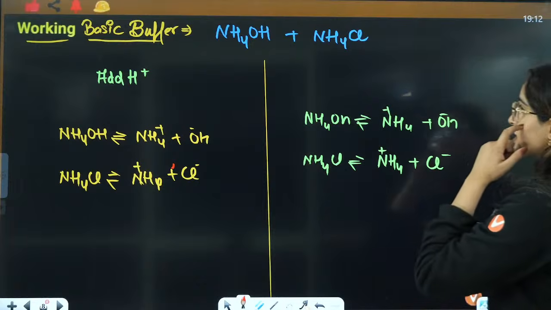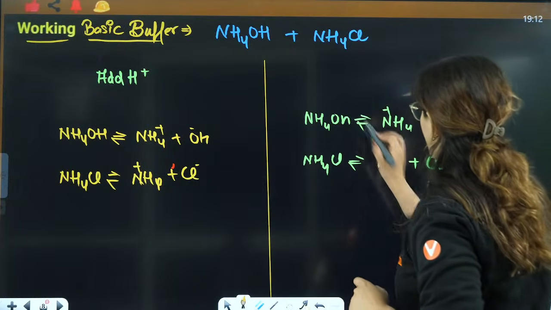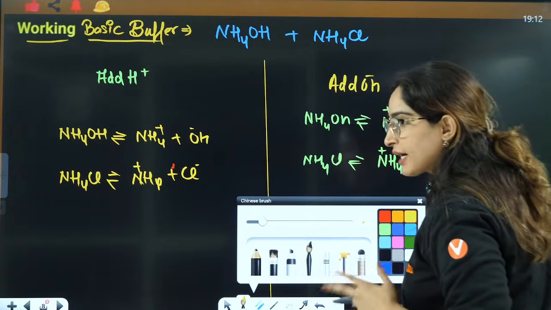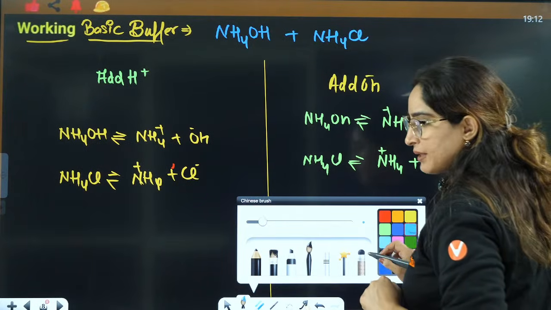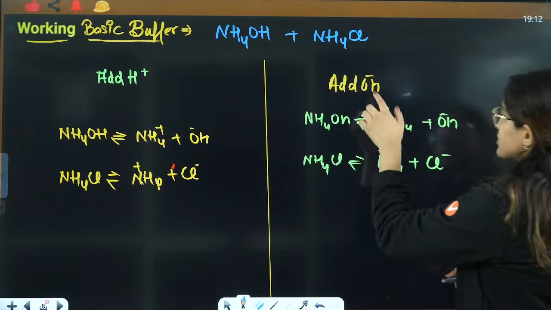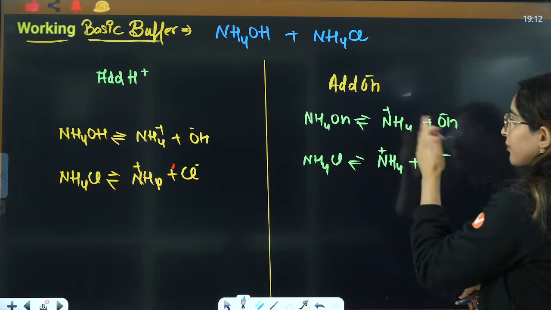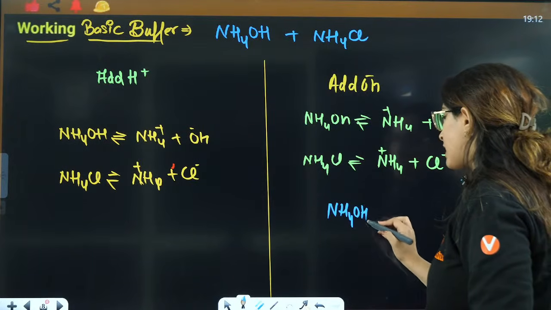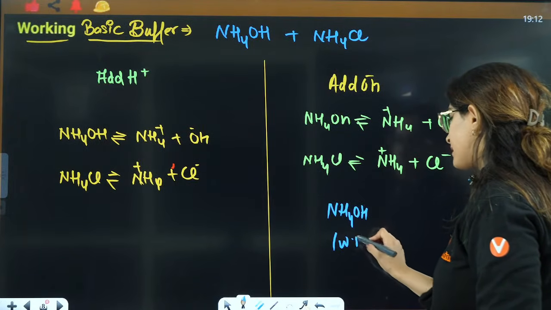If you add OH negative to the solution, you will have the formation of NH4OH, which is again a weak base.